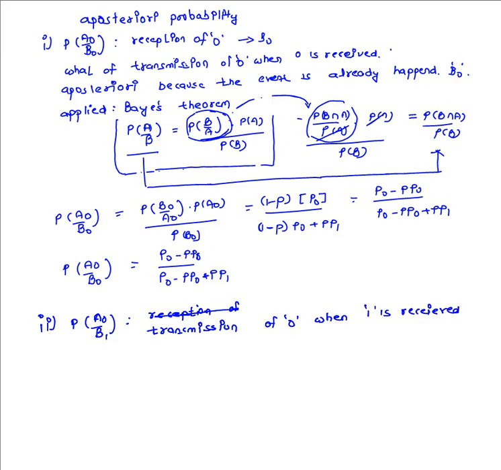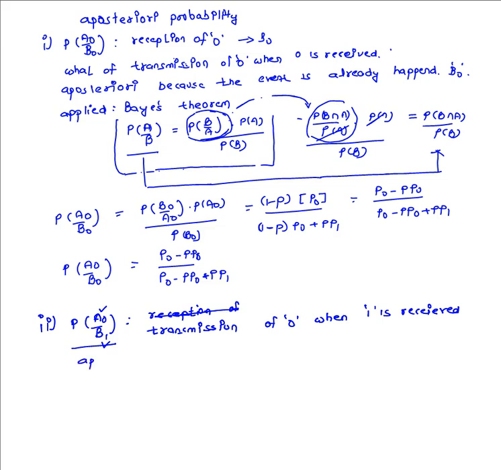Here the probability of 1 being received, the event that has already happened, is coming in the denominator. This conditional probability is indicating the probability of occurrence of A naught when B1 has already happened. B1 is the reception of 1, so 1 has already been received, and the probability of transmission of 0 when 1 is already received is given by P of A naught divided by B1.